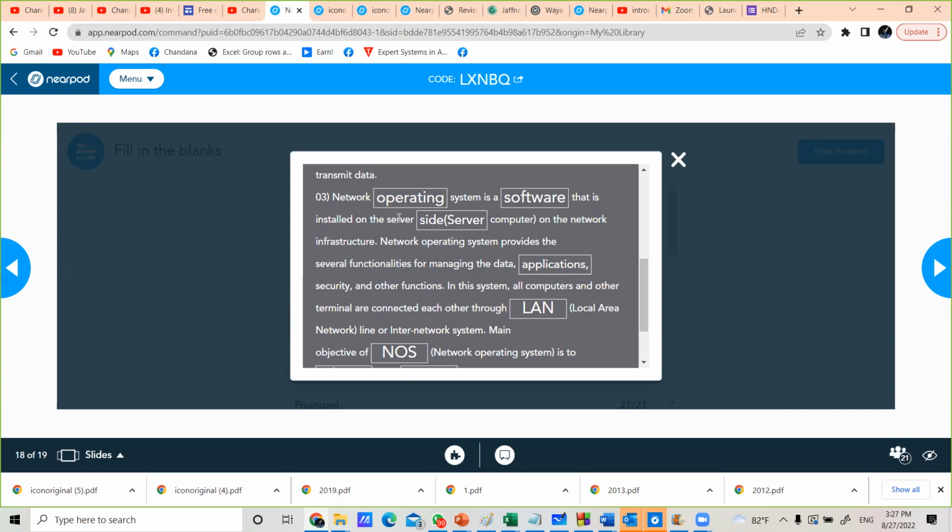In a network, as mentioned earlier, a server computer is available and the other computers are known as client computers. The network operating system is installed only on the server computer. Other computers have a normal operating system.